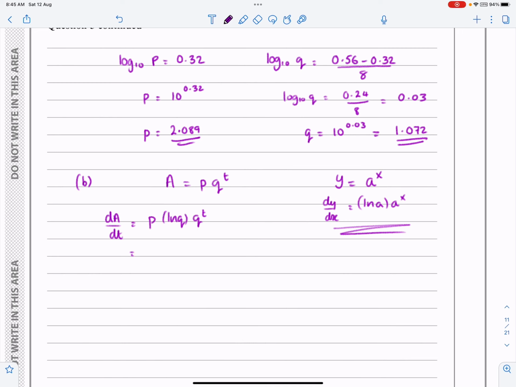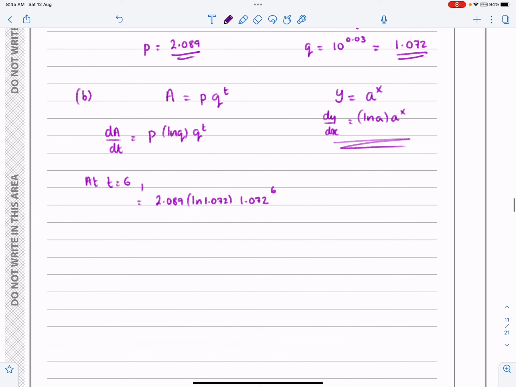And then remember, we've got all these things. So P is 2.089. Log Q is going to be log 1.072. And then 1.072 to the power of 6. Actually, I'll just move this bit down a little bit and say it's at t equals 6.